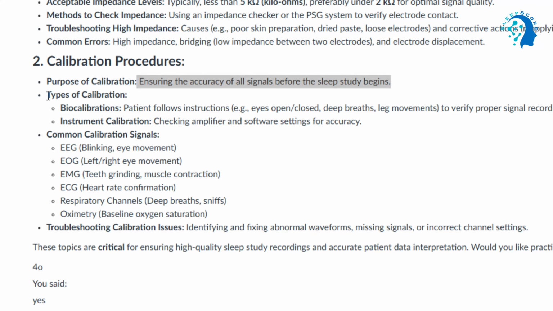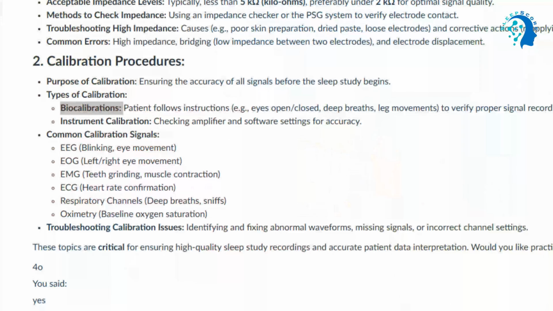The next thing, there are types of calibration. How many types? The first one is called biocalibration. Bio means our body.